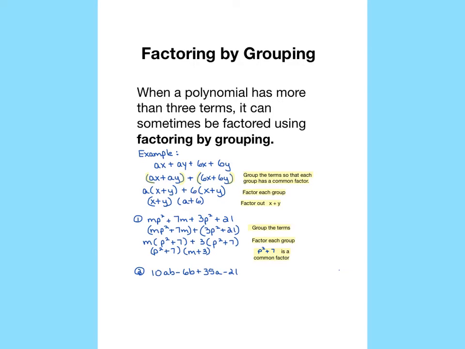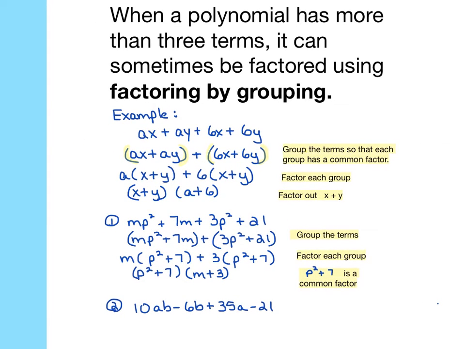So for example, I've got 4 terms here in this question, and I'm going to try to group them so that there's at least a common term in each group. So notice in this first group here, the common factor is the letter A. In my second group here, my common factor is going to be 6. And then I factor each one independently.